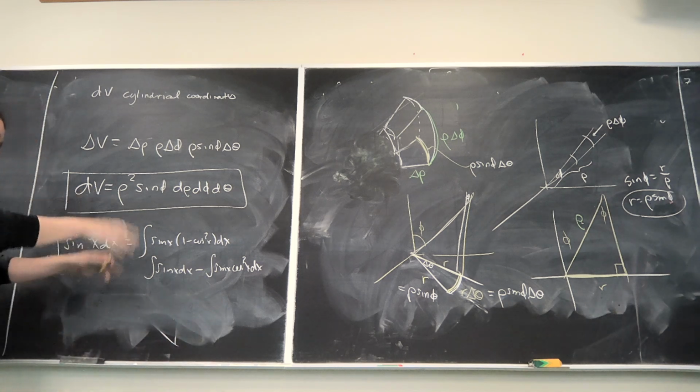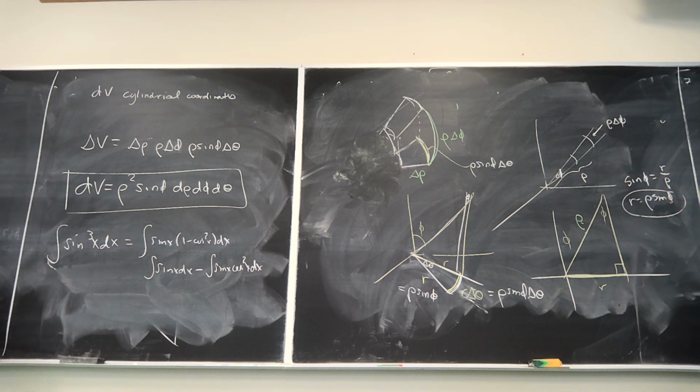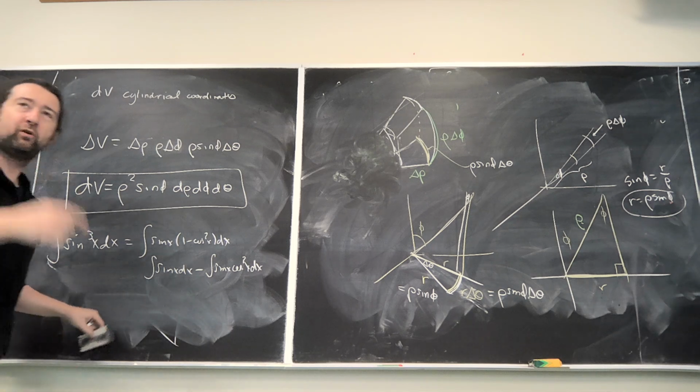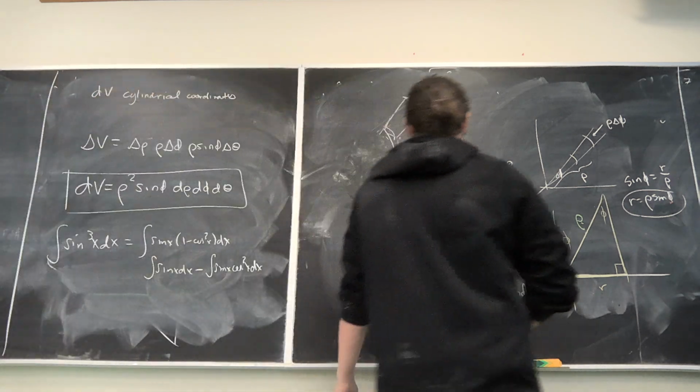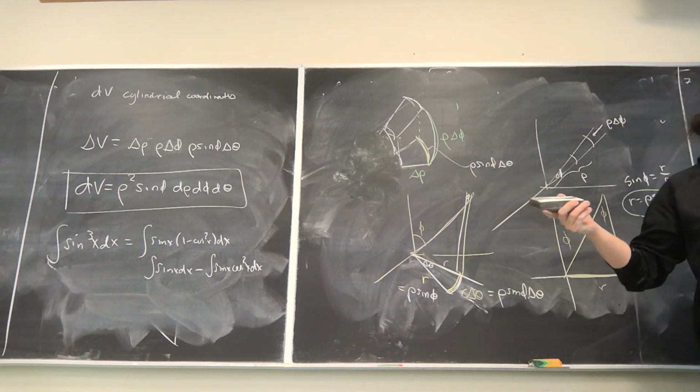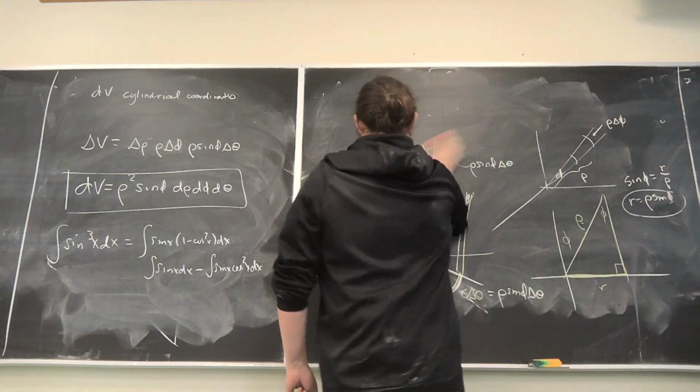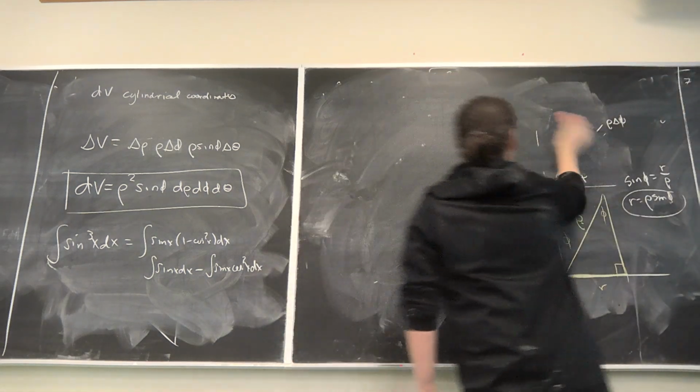There's an entire pile of techniques that you learn for dealing with powers of sines and cosines. Are they both odd? Are they both even? Is one of them odd and the other one even? There's a whole list of how to do this stuff. And because spherical coordinates are spherical, there's going to be trig functions running around all over the place. So let's do an example of something you might have to do.